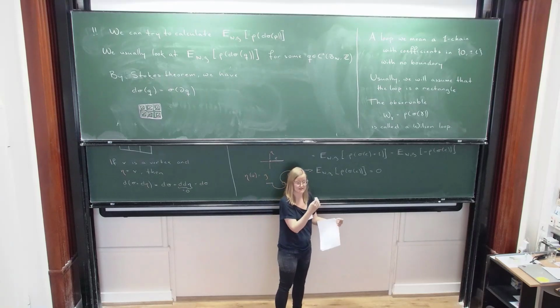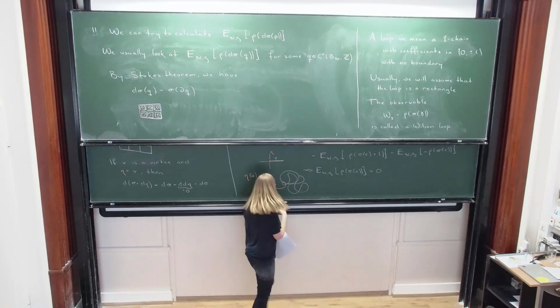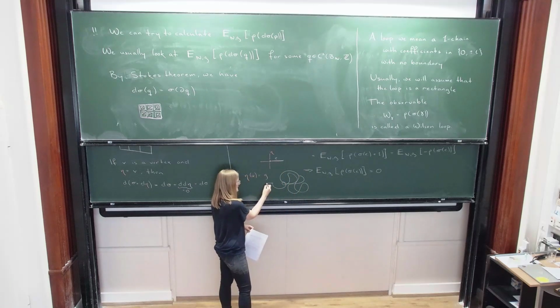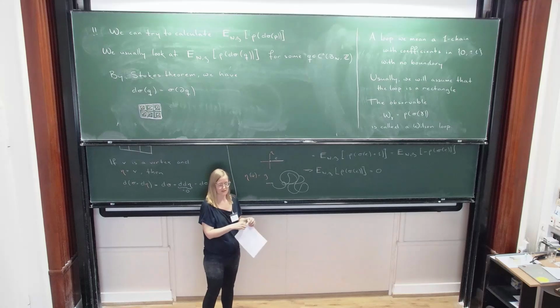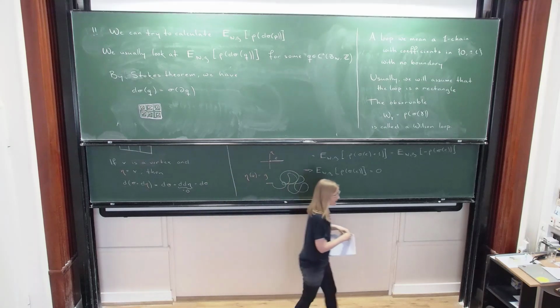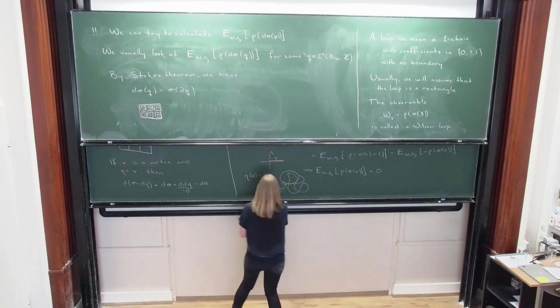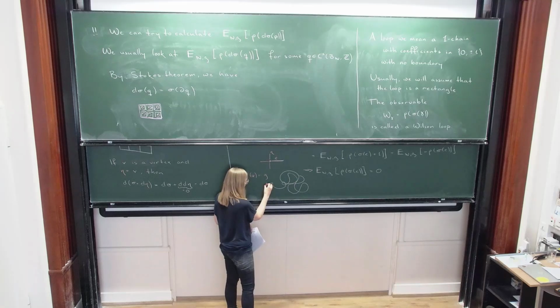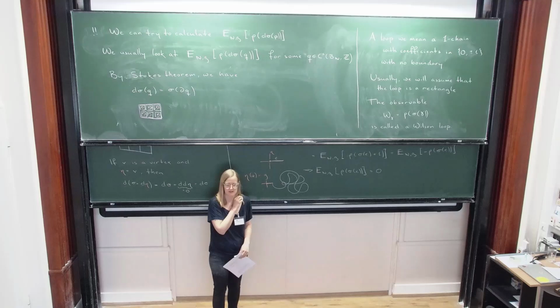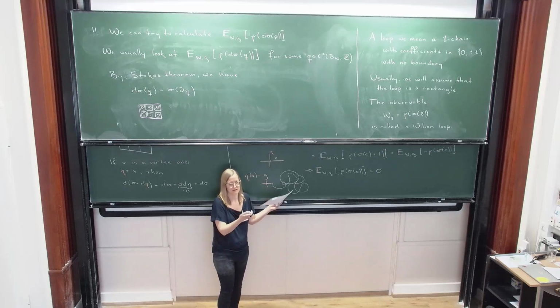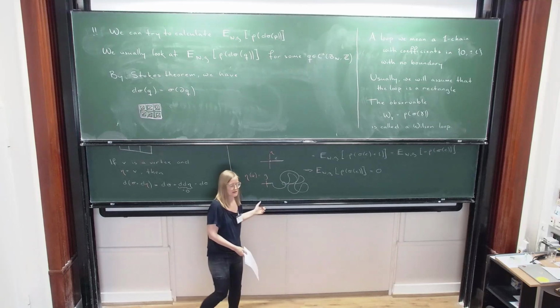That's the path. See? It starts at that vertex. Since it's not closed, it has one vertex with odd degree, right? That's the whole thing with it being closed. Now I can do exactly the same argument up there. I pick this vertex, I do a local gauge transform, and that will show you the expectation is 0. So yes, you could trace it as a theorem, but it's exactly the same thing.